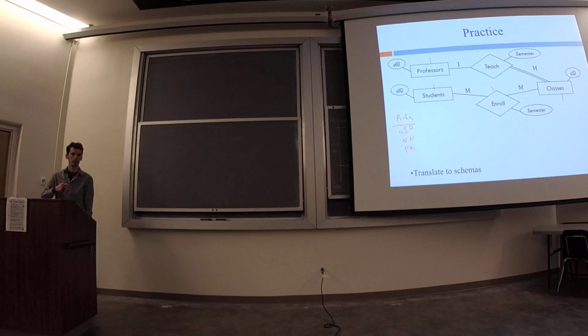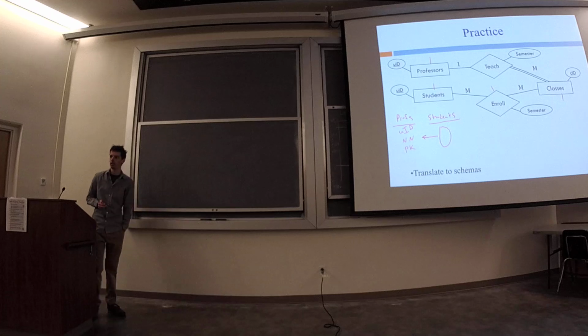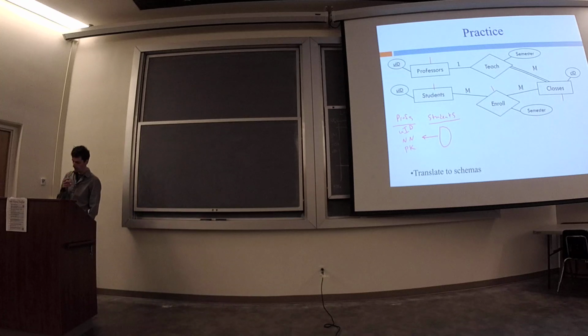You could assume it's probably an int. Okay, students is basically a copy of all of those properties. It has a UID, which is non-null, and is the primary key.